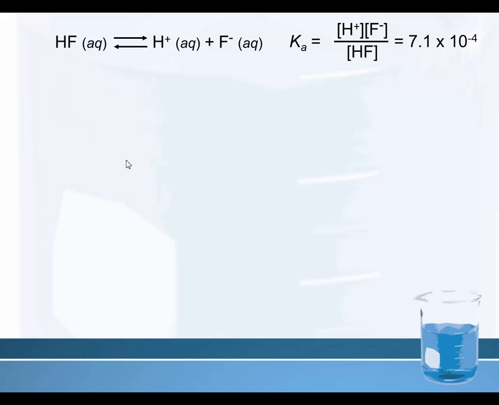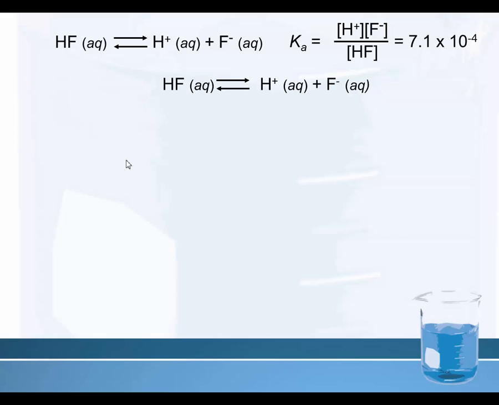The K expression specifically is going to be a Ka expression because this is an acid. It's always products over reactants. So I'm going to put the hydrogen ion and the fluoride ion on top and the hydrofluoric acid on the bottom. The value given on the table of weak acids that I just handed out to you for hydrofluoric acid is 7.1 times 10 to the negative fourth.